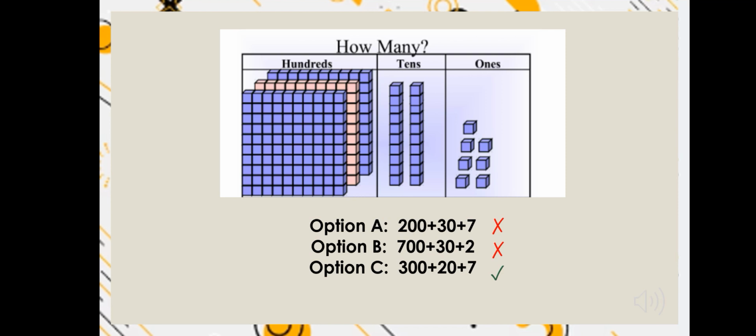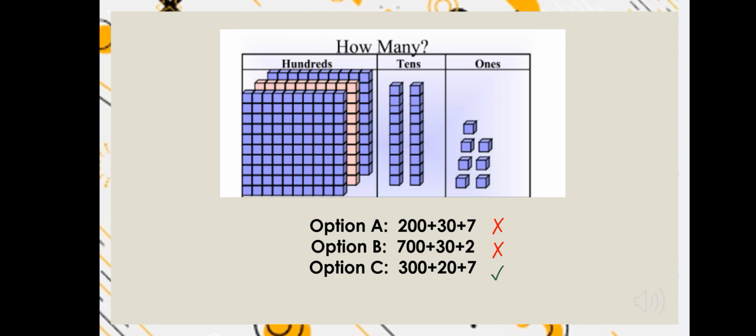Then moving on to the next column, which is the column for tens, when you count the total blocks, they are in total 20 blocks. When you move on to the column of hundreds, you can see that one big whole square is equal to 100 blocks, which means that 3 big whole squares will be equal to 300 blocks.